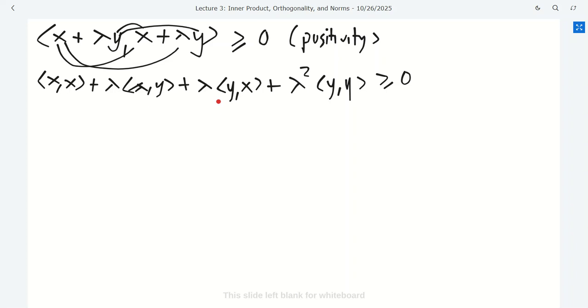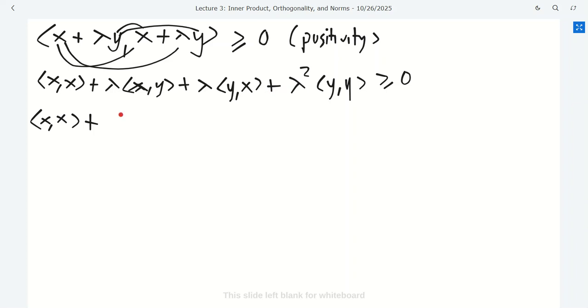Now, because of the symmetry, we can write this the same. What we can do is rearrange things: we have x inner product with x here, plus, okay, let's maintain this one like that. Because of the symmetry, if it is xy or yx, it's the same thing, right?